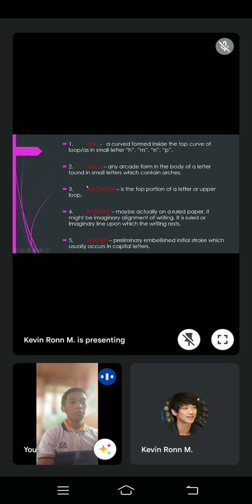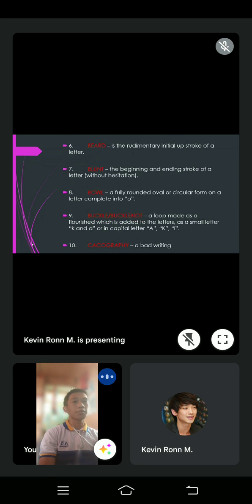Number 5 is bedded. Bedded is a preliminary embellished initial stroke which usually occurs in capital letters. So that is bedded. Number 6 is bird. What is bird?